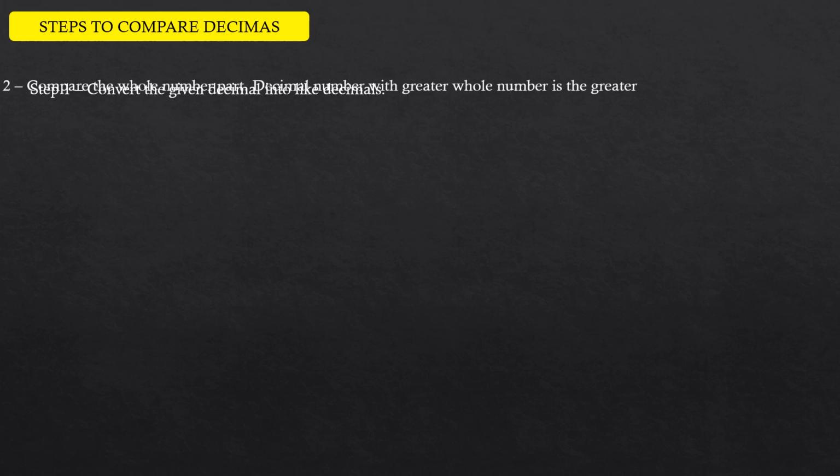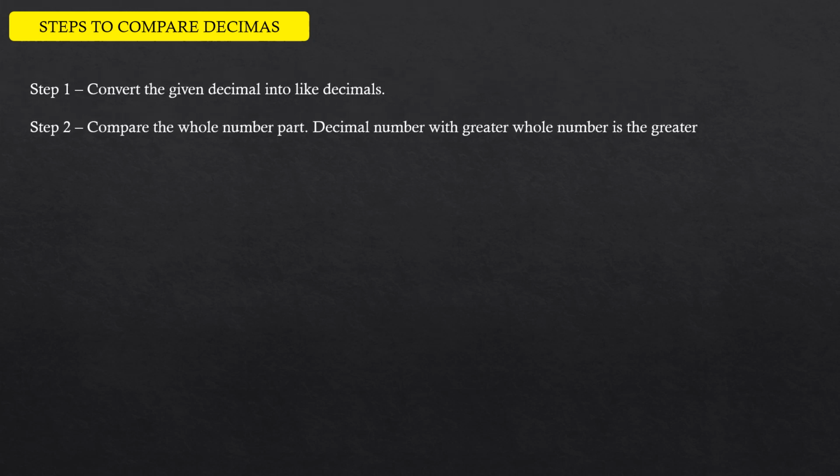Then step 2 is compare the whole number part. The decimal number with the greater whole number part is the greater. Means whenever you get like decimals, you have to compare the number before the decimal point. Whichever decimal number has the greater number before the decimal point, that decimal number will be greater.